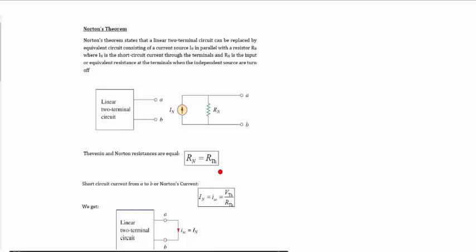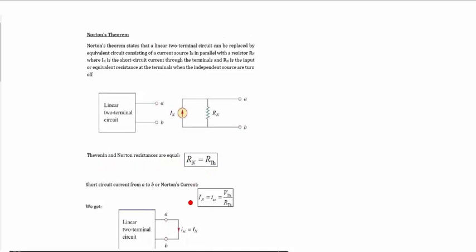For Thevenin's, we represent the equivalent circuit as a voltage supply with a resistor in series. In Norton's, we use a current source as a supply, and the resistor, RN, will be in parallel to it. Note that Thevenin and Norton resistance are equal.